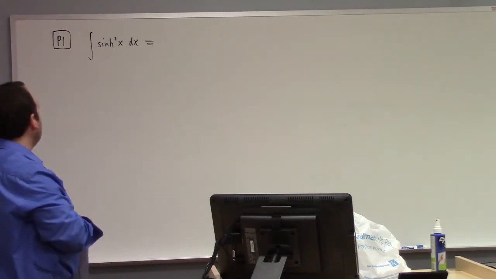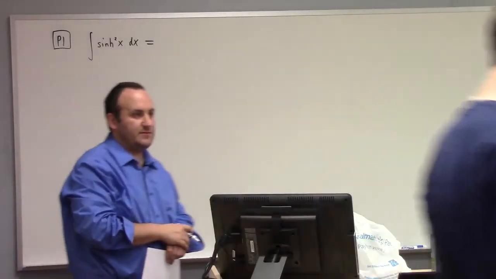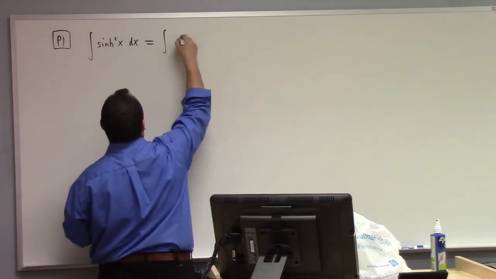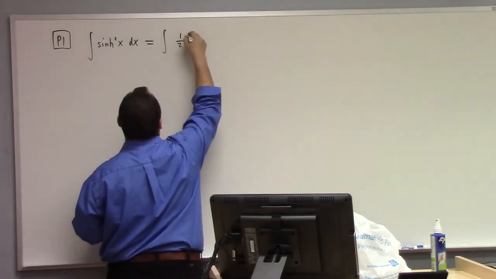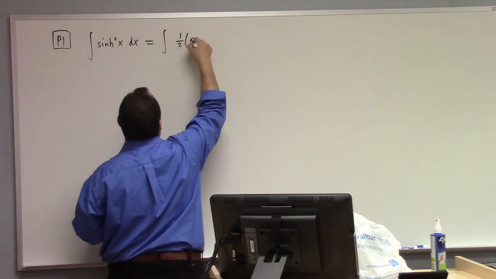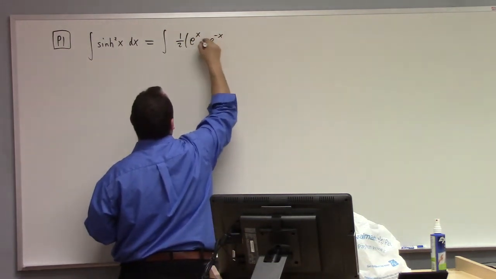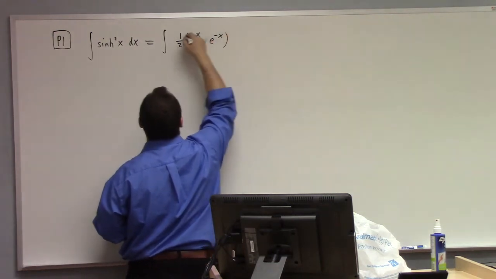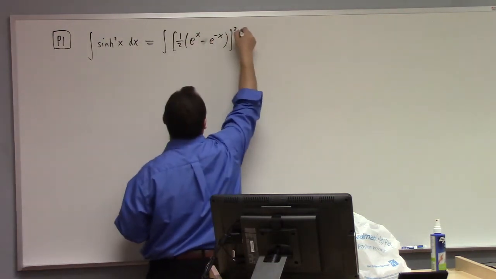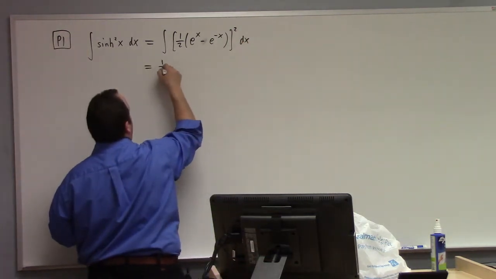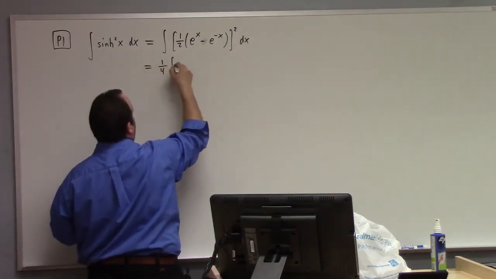So, integral of sinh squared x dx. How would we do this? Personally, if I was facing this, I would say that's 1/2 of e to the x plus e to the minus x, and we square that thing. At the moment, I've forgotten the identity for sinh squared, so I'm working it out.